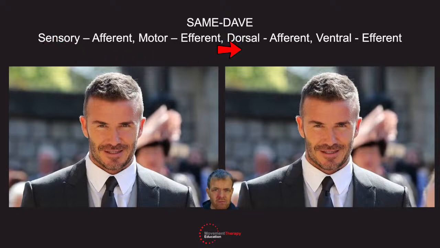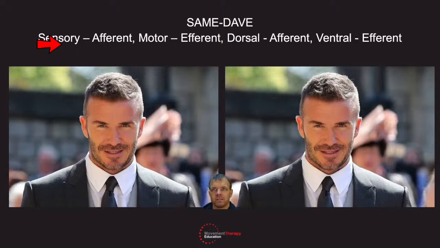And then where do they come from? So dorsal is afferent, ventral is efferent. Okay, so the back of the spinal cord, so those posterior or dorsal roots is where the afferent information comes in, and then the ventral roots is where the efferent information goes out.